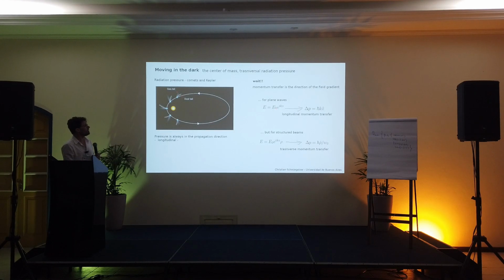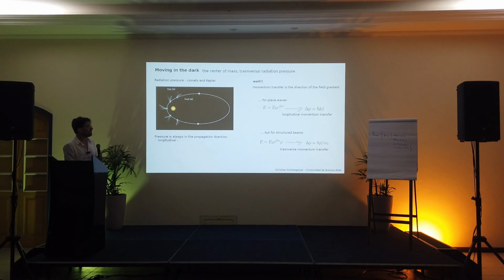And we know that for plane waves, in a complex form, the light has a momentum that is proportional to k and to h bar. For structured beams, if this has a momentum that's proportional to this gradient, it's actually rho divided by omega.